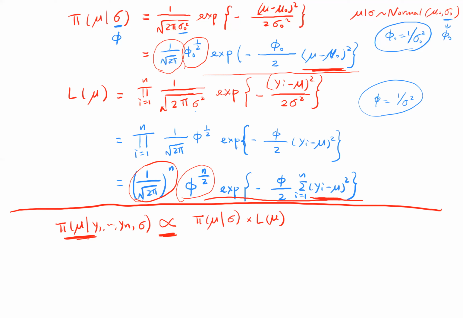So the final posterior we know should be, I'm going to write phi here. It's going to be normal, plus y bar.